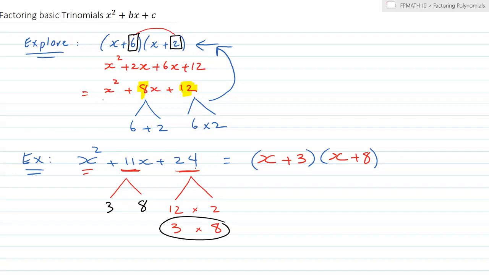When you expand this again, you should get the original trinomial back. If you don't, that means you messed up somewhere. But in this case, you will get it back. So checking is very, very important.